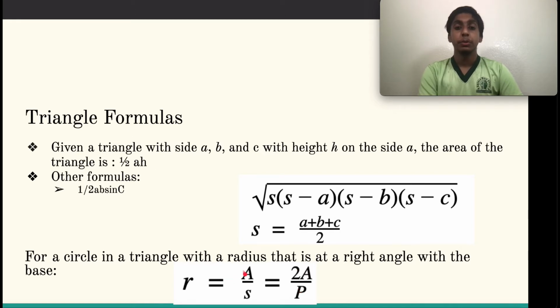Because sometimes you may have the semi-perimeter, you may not have the area. But again, these are just some basic triangle formulas that you can use. The majority of them are used for area, and this one I'm just teaching you how to find a radius if you have an inscribed circle and you're trying to find this radius that is at a right angle with the base of the triangle.